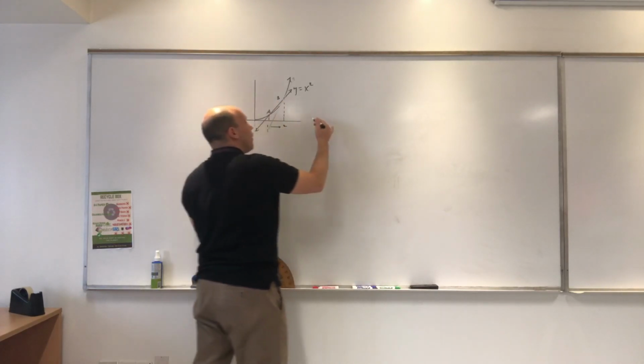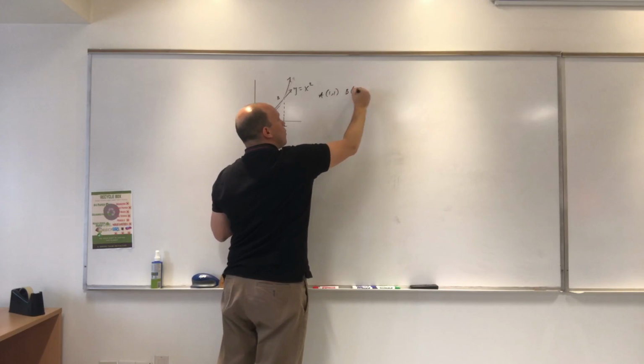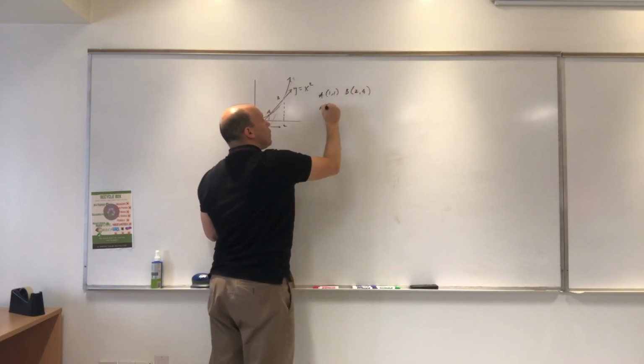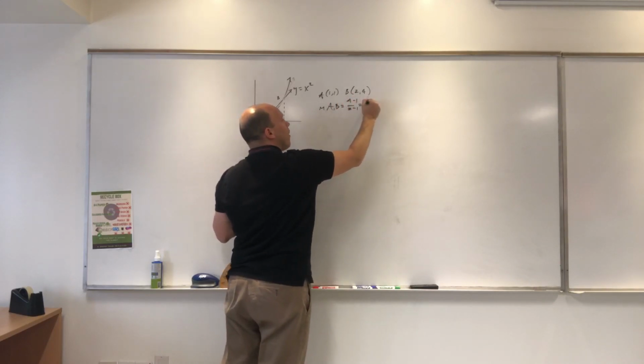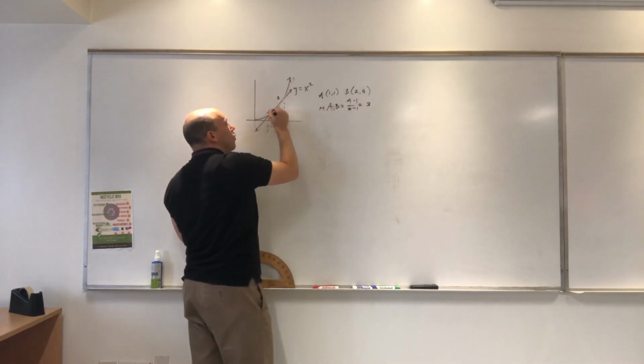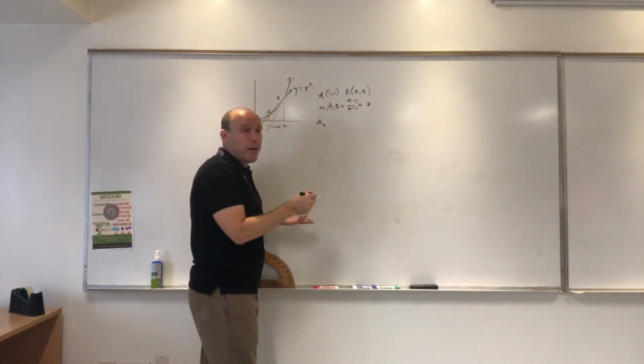So the first point we want to find is between A, which is 1, 1, and B, which was 2, 4. So we found the slope, let's call the first A, which was 4 minus 1 over 2 minus 1, and that was 3. Then we moved it a little closer. I think the next point we moved to 1.5.